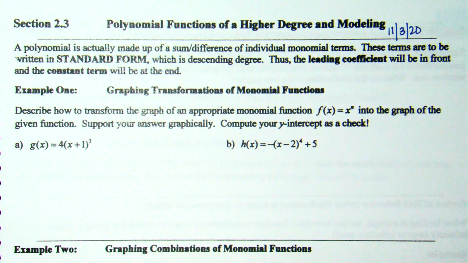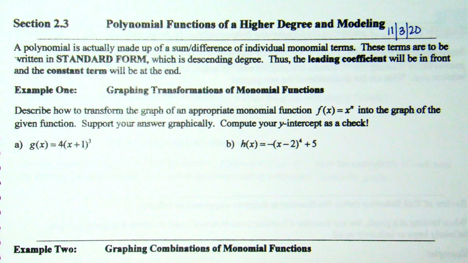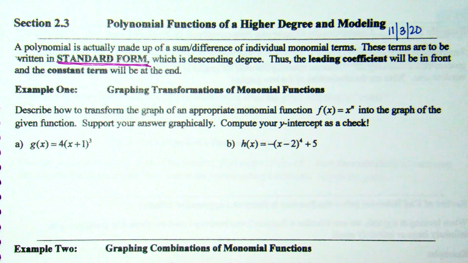Okay. Now, we talked at the beginning of lesson 2.1, and we talked some yesterday, 2.2, about polynomials. A polynomial is actually made up of a sum or difference of individual monomials. So that's adding and subtracting the individual terms. These terms are to be written in standard form. If you recall, you've done stuff with standard form before, where standard form says descending degree.